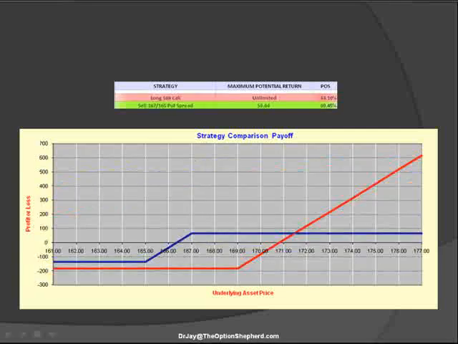The bull put credit spread doesn't require any stock price movement in order to realize its profit. The only requirement is for the price to remain above 167. The long call requires a move up to its cost, $1.83, plus 64 cents to match the credit spread.